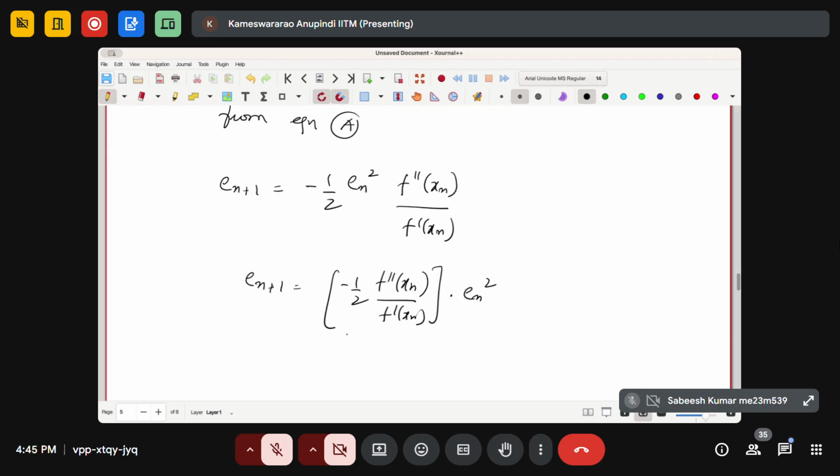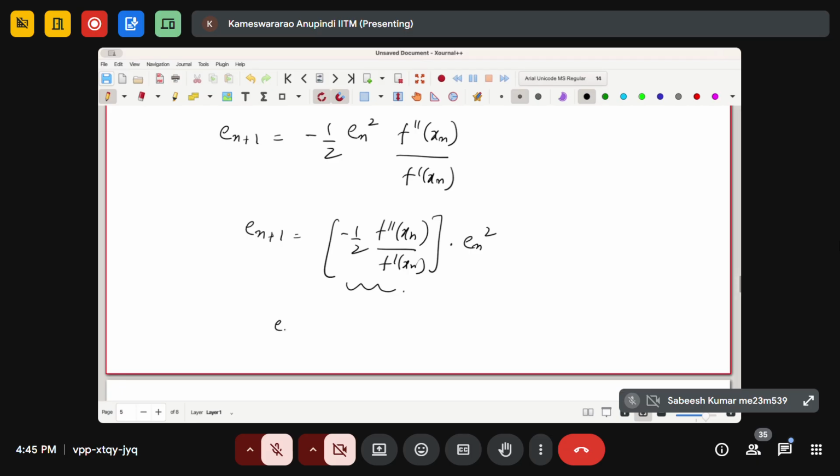So I have some factor here, which is en plus 1. Let me call this some c of delta times en square, where c of delta is less than 1 only in the neighborhood of the root.